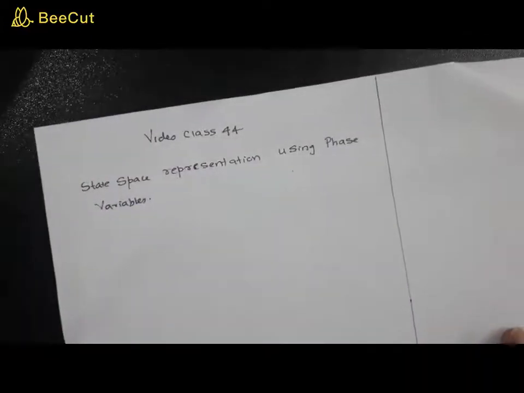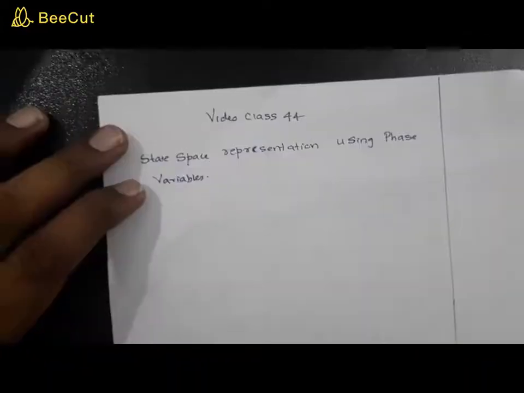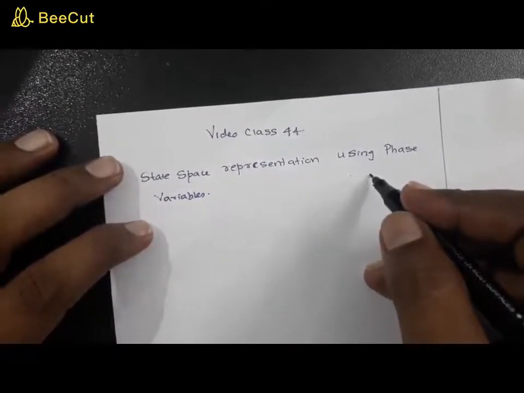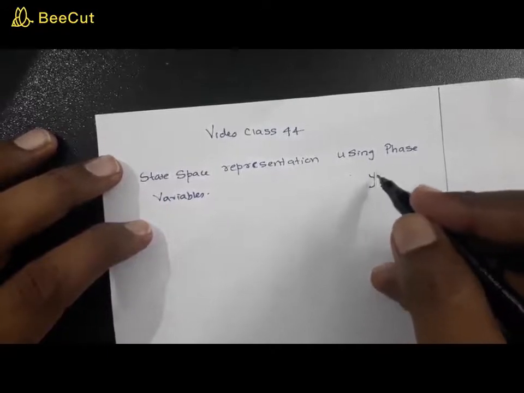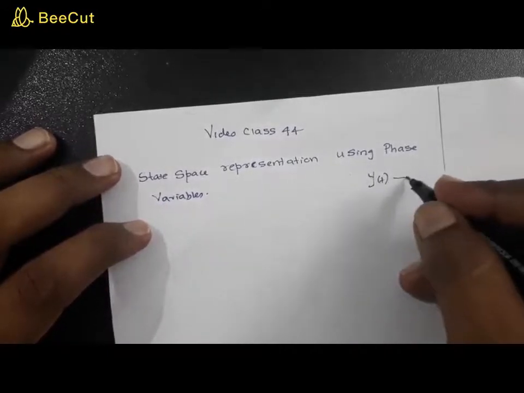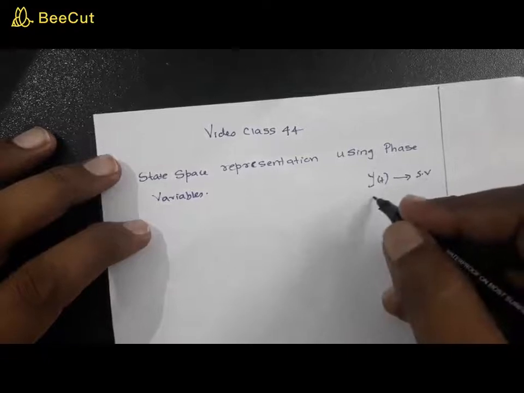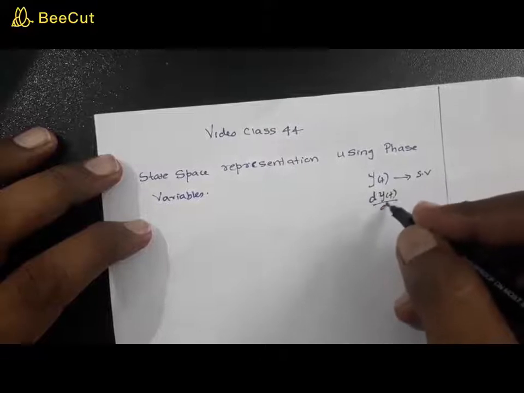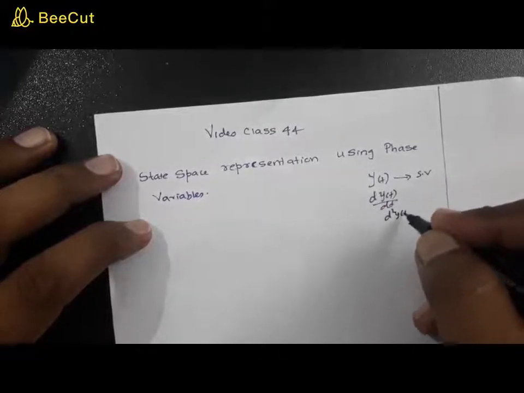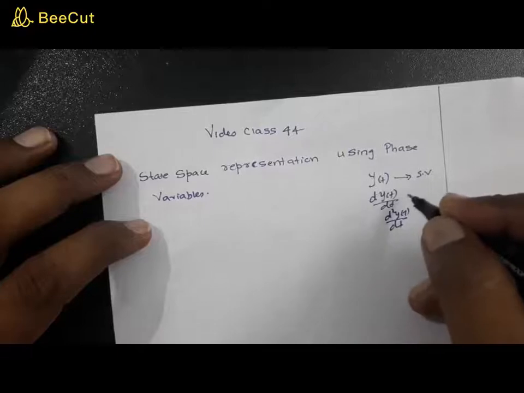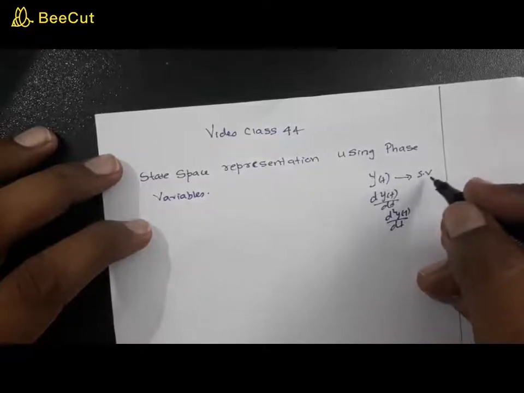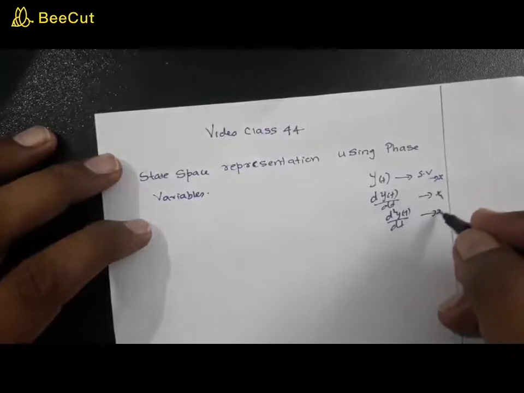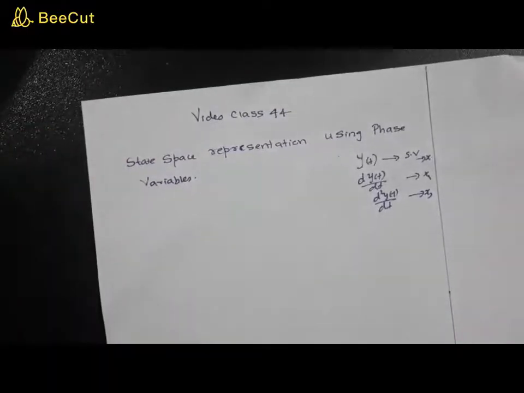In a phase variable model, what we usually do is consider the output as one of the state variables, along with its derivatives, which can be dy(t)/dt, d²y(t)/dt², and so on. If you assign the output as x1, then the next derivative is x2, this is x3, and so on.